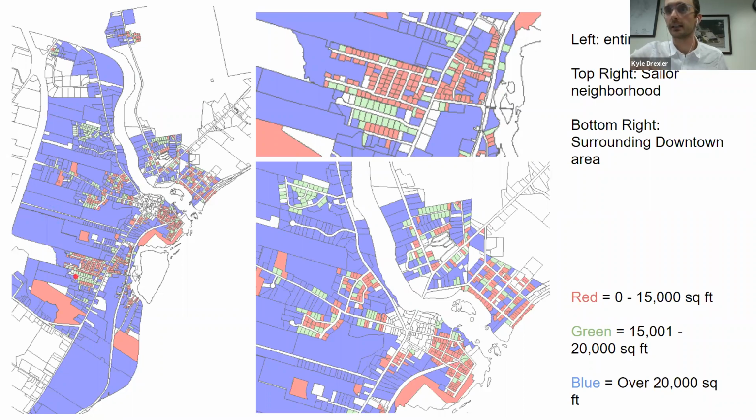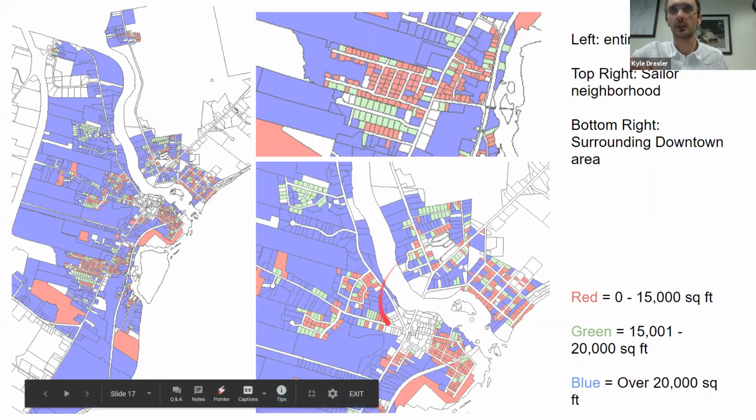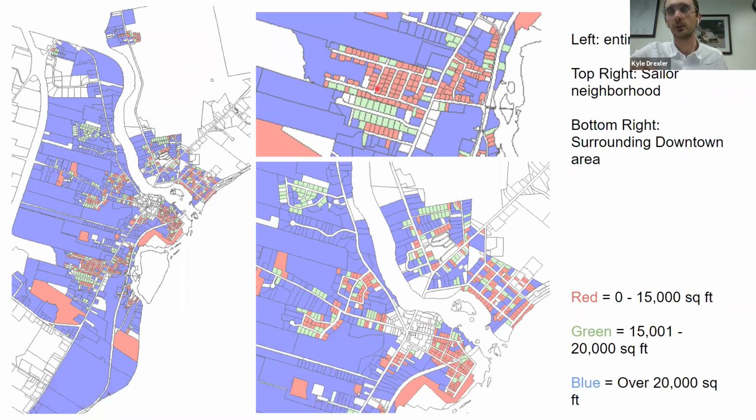But if you focus in on the different neighborhoods, this one at the bottom here is right around the Village Commercial. So you have Webster and the area behind the Village Commercial. Up here you have the Sailor neighborhood. You can see that there's a lot of red and green, and the red is lots under 15,000 square feet, and the green is lots between 15 and 20,000 square feet.